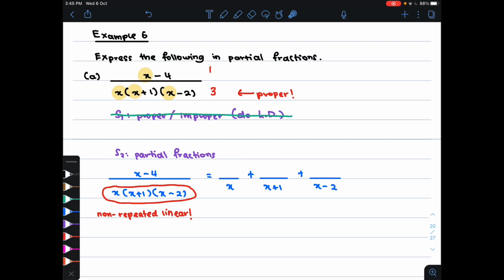What do we need to put in the numerators here? For non-repeated linear factors, just put a constant in each space. So I'm going to put constant A, constant B, constant C. For non-repeated linear factors, always put constants only. Now you need to eliminate your denominator. Therefore, multiply everything with x, x plus 1, x minus 2.